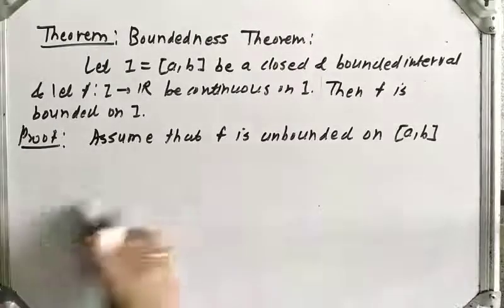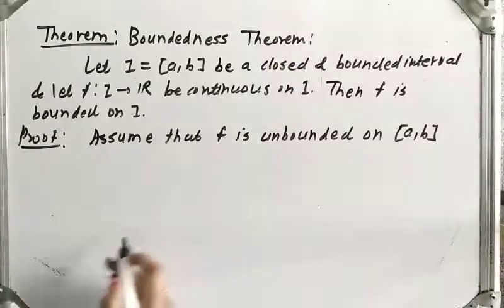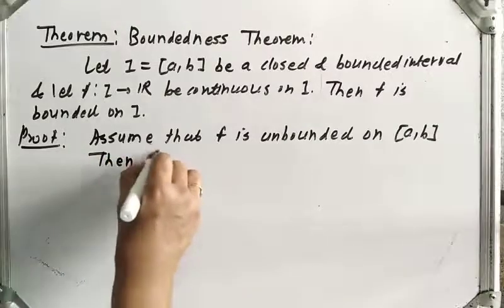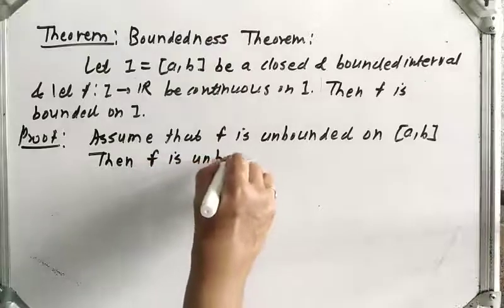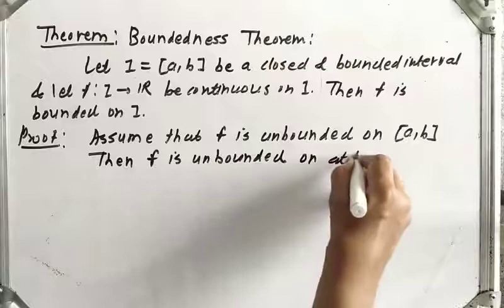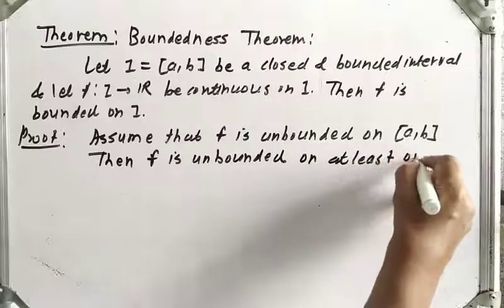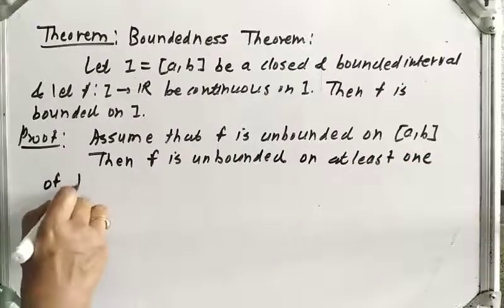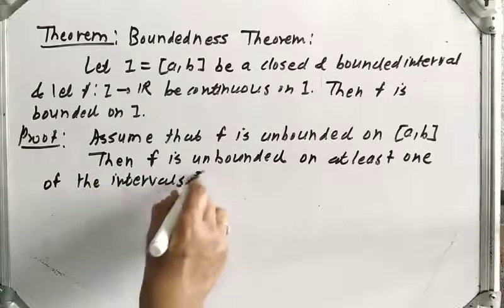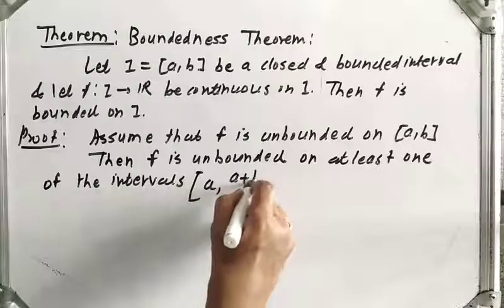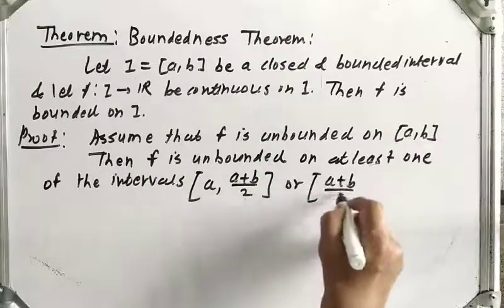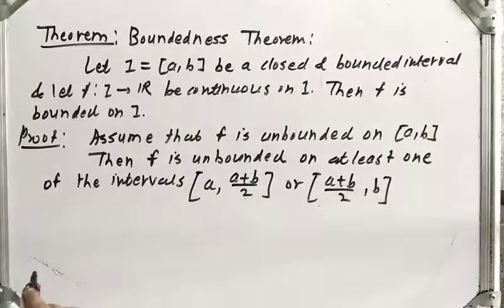Assume that f is unbounded on AB, then f is unbounded on at least one of the intervals a to a plus b by 2 or a plus b by 2 to b.